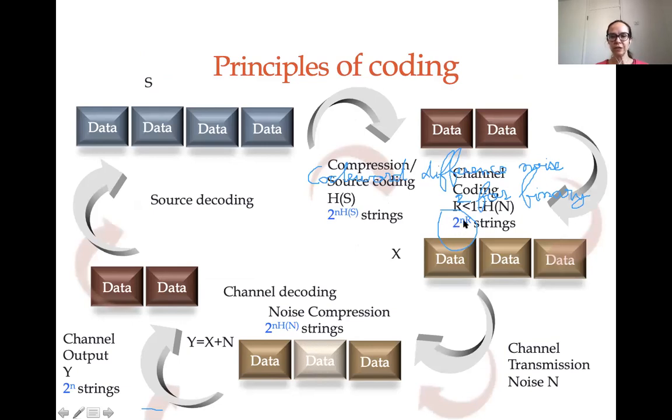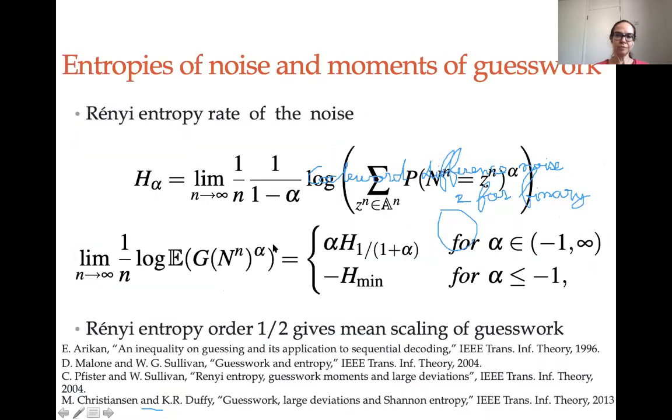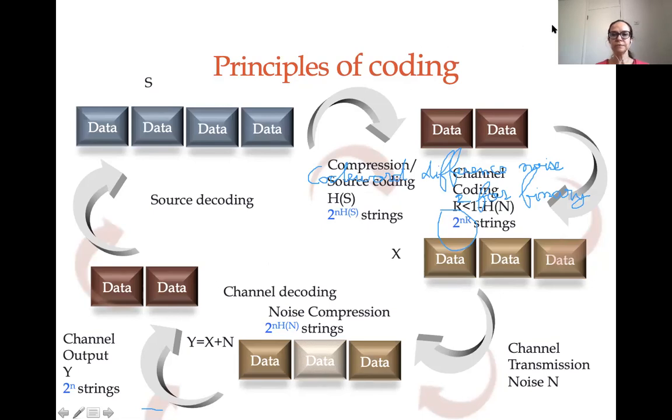There were 2 to the nR strings that were valid messages out of these strings of length 2 to the n. In the case where I have an alphabet of size A, then I'd be looking at A to the nR strings. That would be the size of my message set.